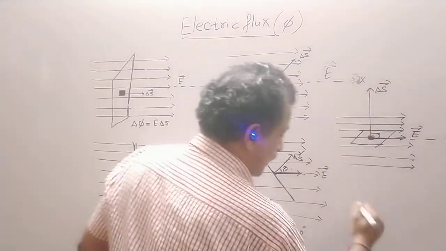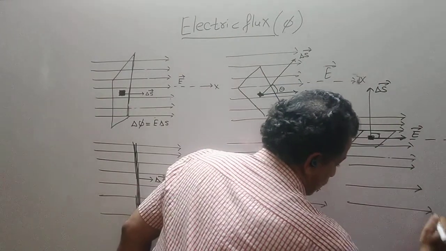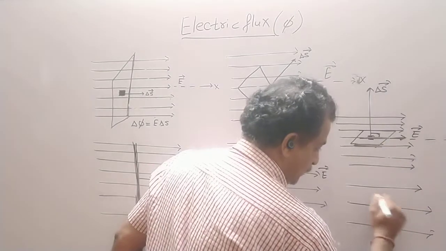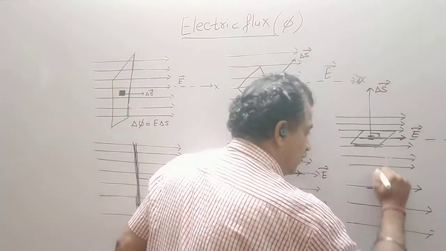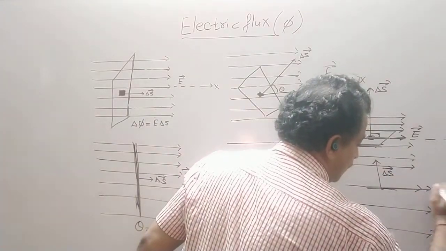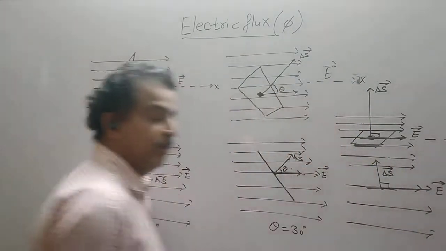If I draw this diagram, now if I take this line, the area vector is along the y-axis and the field is along the x-axis, and the angle becomes 90.